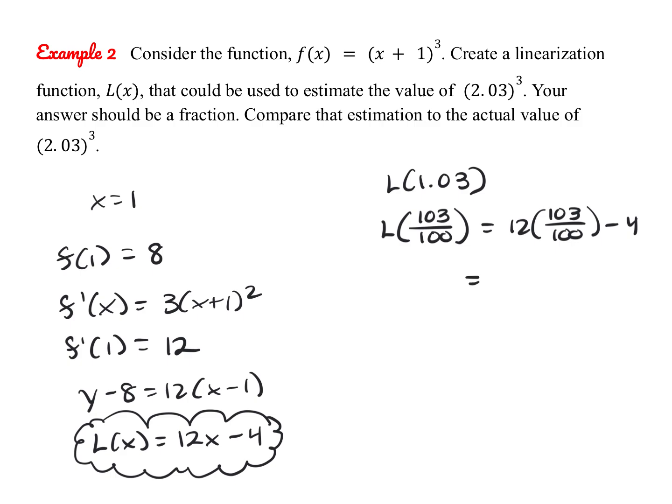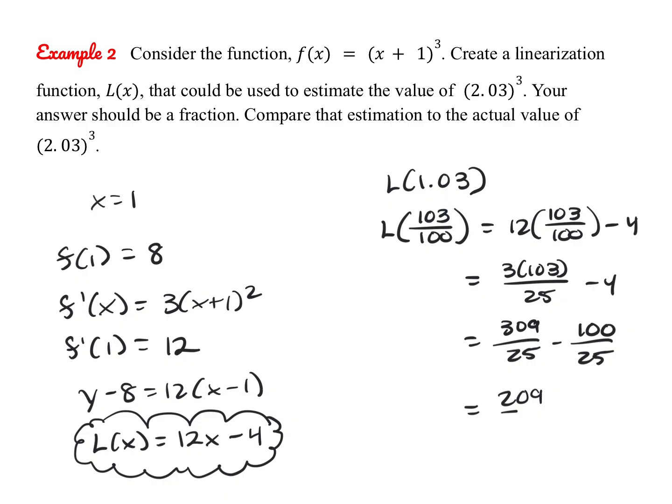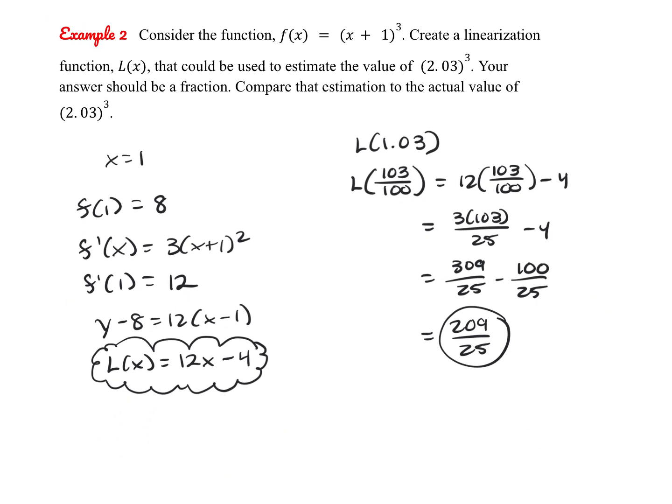So let's simplify. We have 3 times 103 over 25 minus 4. So 309 over 25 minus 100 over 25 gives us 209 over 25. That would be a rational approximation of 2.03 cubed.